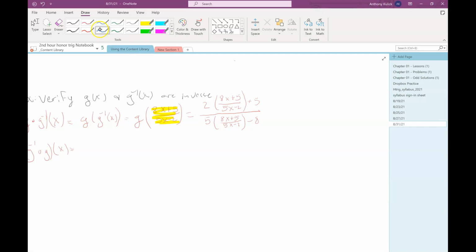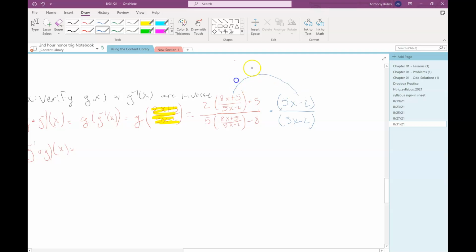Here's what I would do. I'm going to multiply the top and bottom by 5x minus 2. Why did I choose to do that? Yes. Cancel out the fraction.